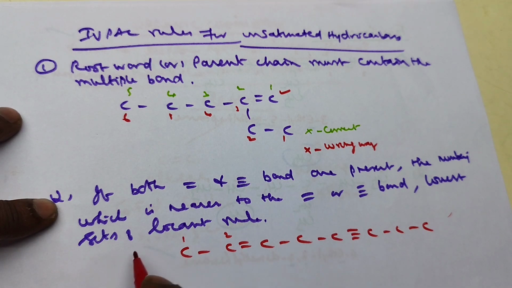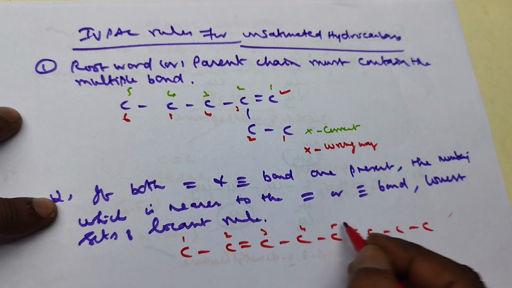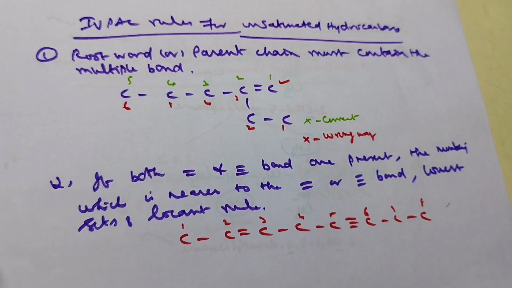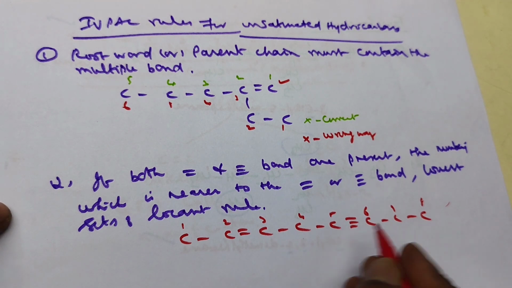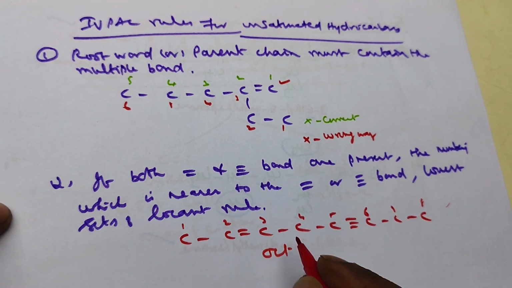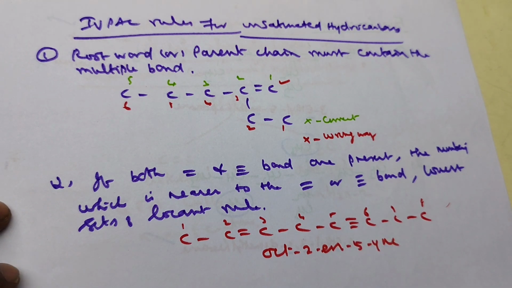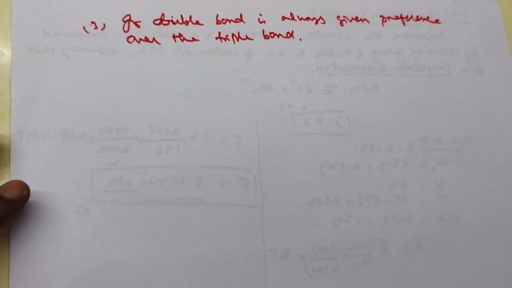That's the lowest set of locants rule we have to follow. So 3, 4, 5, 6, 7, 8. So how do you name the compound? The maximum number of carbon atoms is 8, oct. At 2 we have a double bond, 2-ene, and at 5 we have a triple bond, 5-yne. So this is the way of writing the IUPAC name. Next we see the next rule.